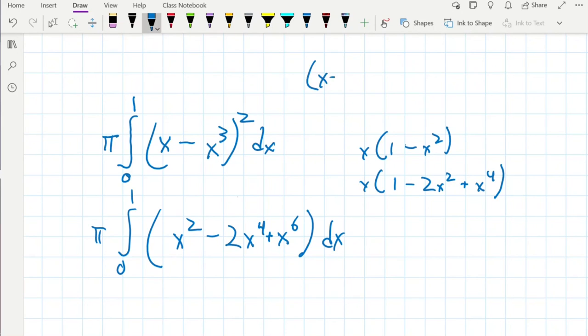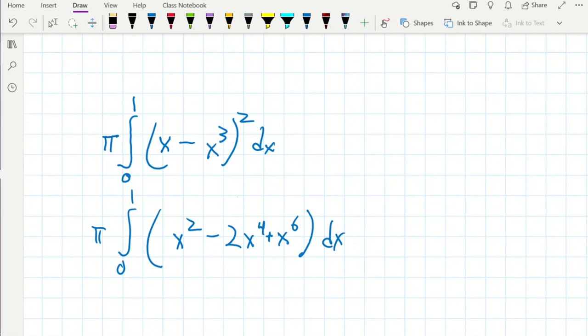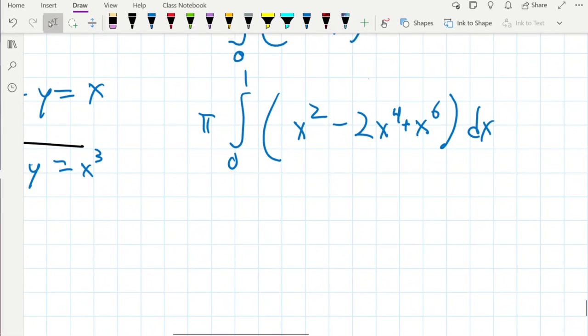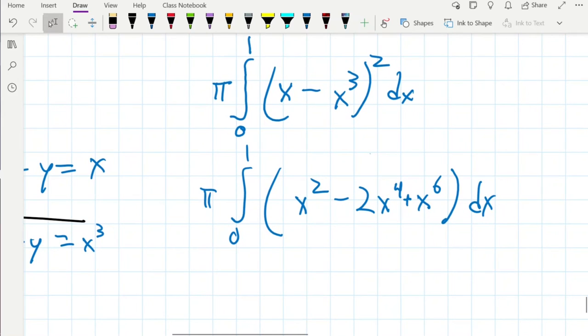That would be x minus x to the third times x minus x to the third. I'd have to take an x squared factor out instead. Oh wait, these are squared separately, so okay.